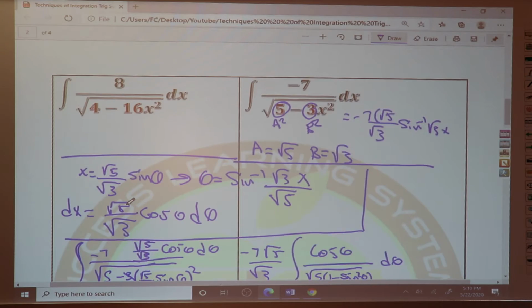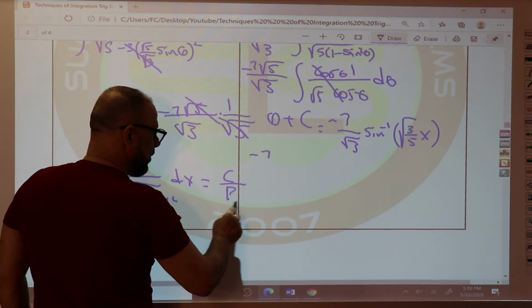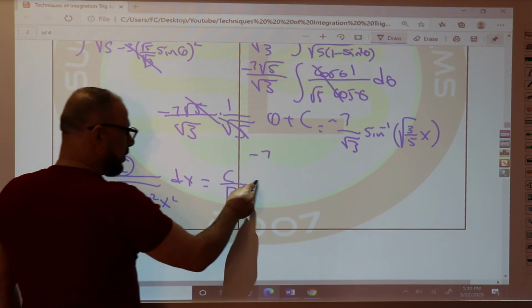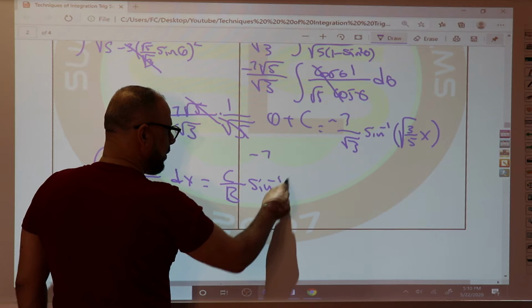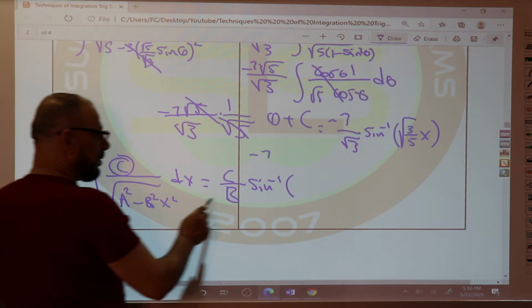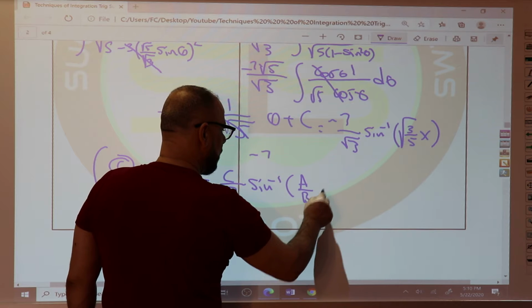Look here, B here is 7. C over B sine inverse of A over B of x.